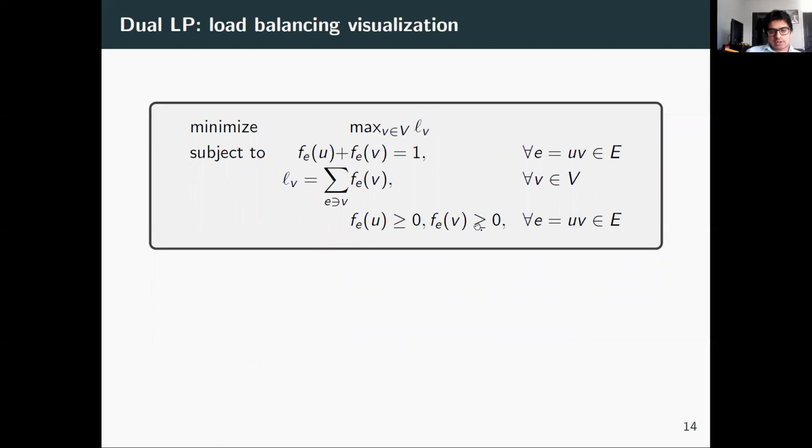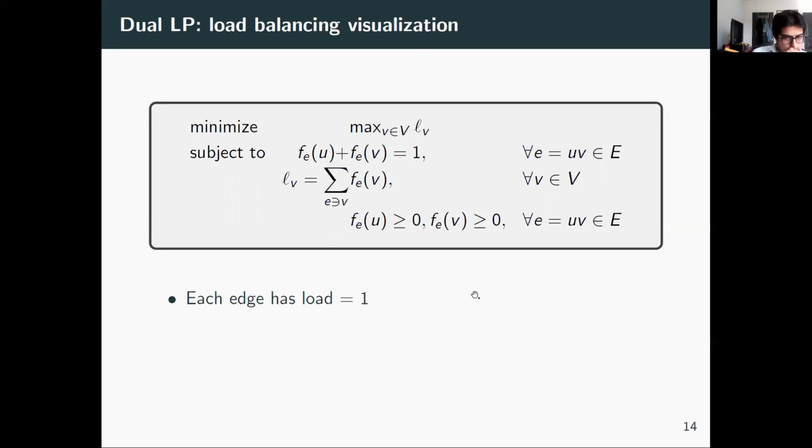So try and think of it another way. The first thing that we can do is we don't need to have a greater than or equal to inequality here. We can replace it by an equal sign. There is no value for feu plus fev to be greater than 1. Secondly, notice that all we did was say that this is the load on a vertex, and we wanted to make sure all of them were at most d, and we were minimizing d, which pretty much means we're minimizing the maximum load on any vertex, right?